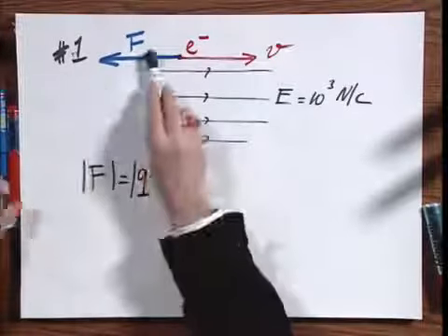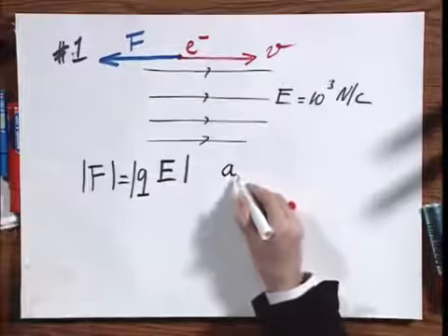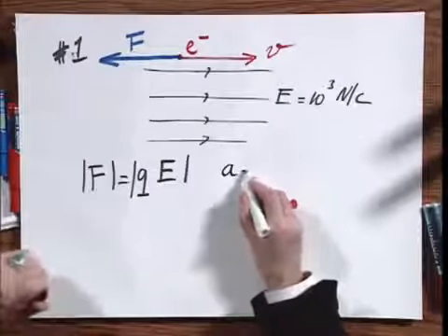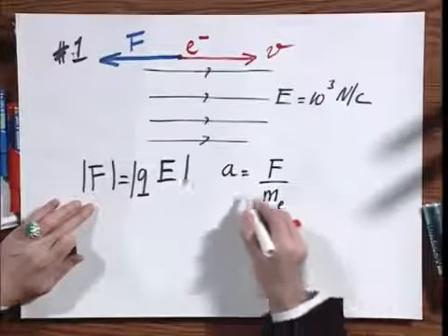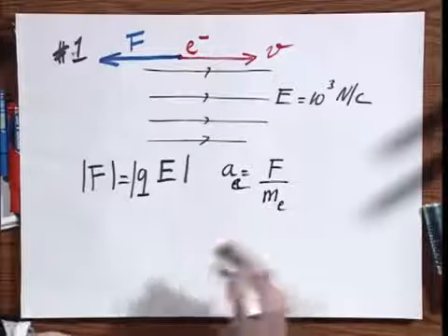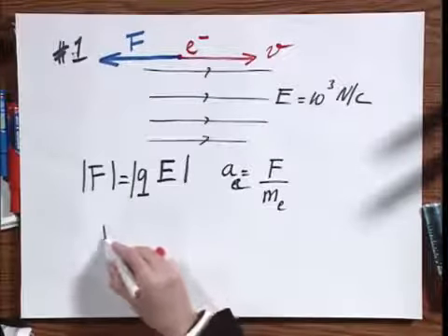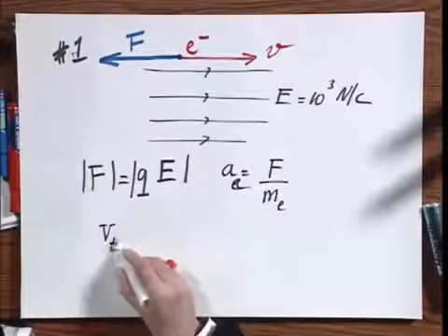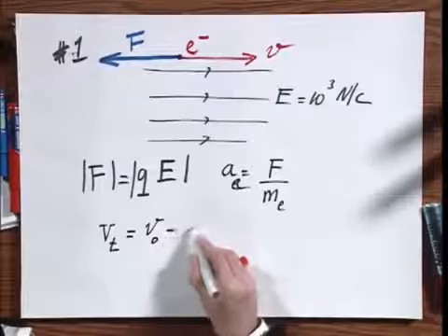Well, you can calculate the magnitude of the force right away. The acceleration, or I should say deceleration, of the electron is then this force divided by the mass of the electron. This should be an E. So you can calculate what the acceleration is. And then going back to 801, V at time t equals V at time 0 minus AT.